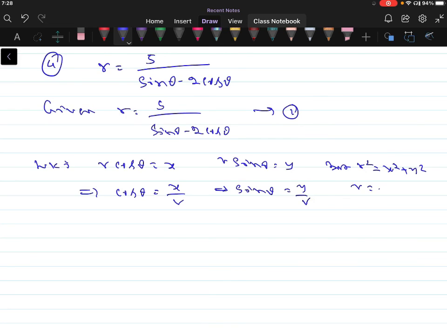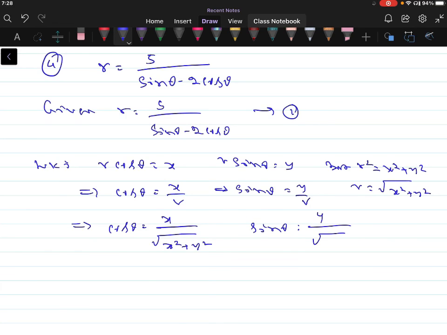Since r is positive, r is the square root of x square plus y square. So cos theta is equal to x by square root of x square plus y square, and sin theta is equal to y by square root of x square plus y square.